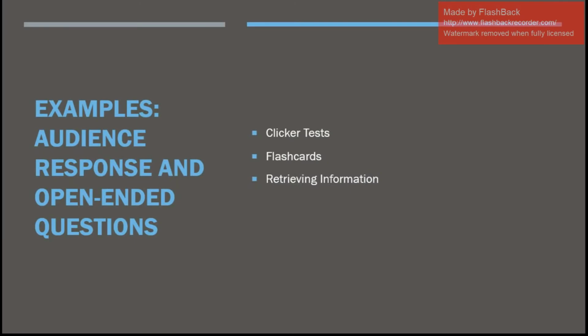Some examples of the audience response and open-ended questions. This one looked a lot at studies that were done using the clicker tests and seeing how using those tests correlated to improvements on test scores.